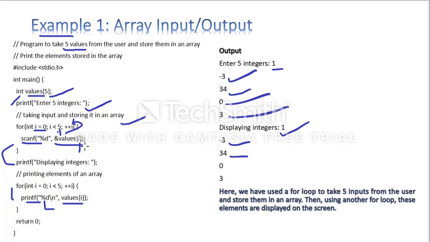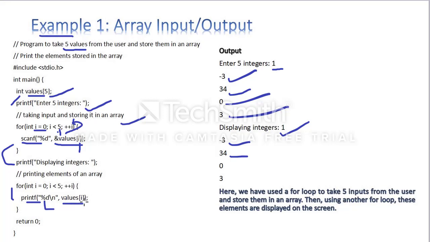So when you want to enter a value into the array through the keyboard or from the user, you can use scanf like that. Take the size you want as the loop condition. If you want to print the values from this array, take the printf.